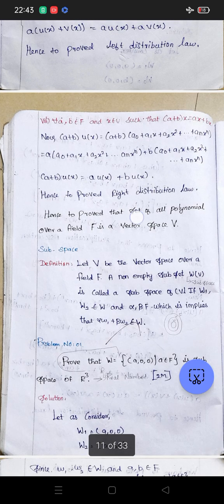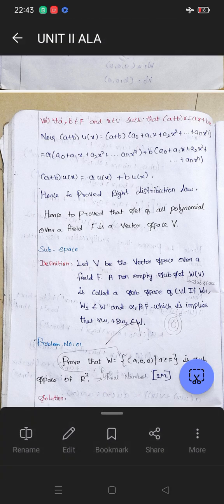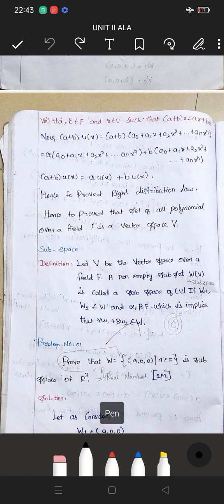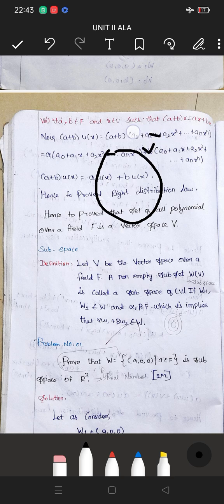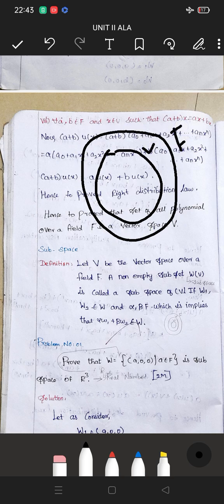Yes, you can understand: V is a vector space over a field F and W is a subspace.